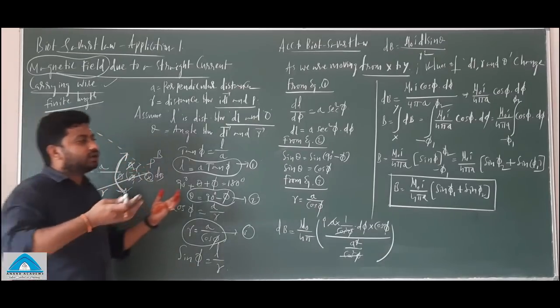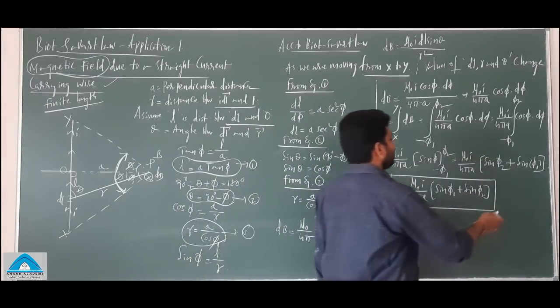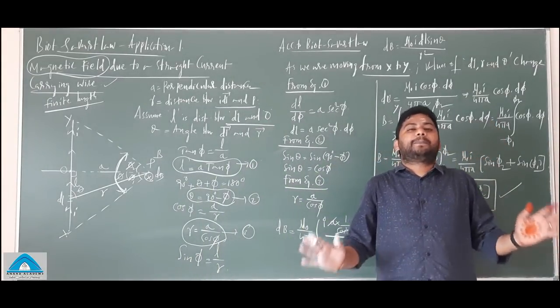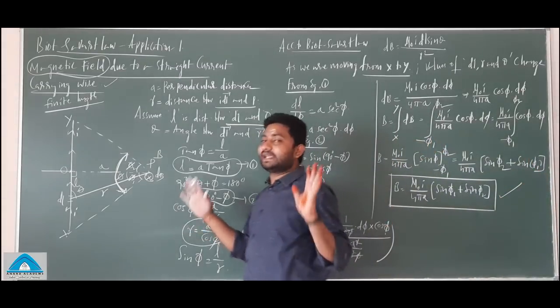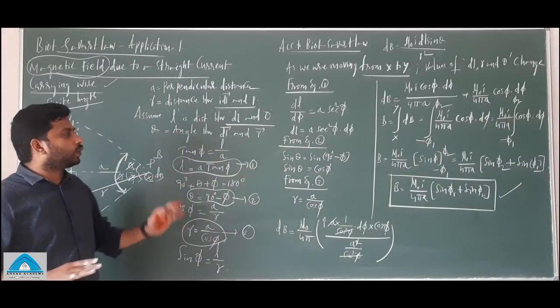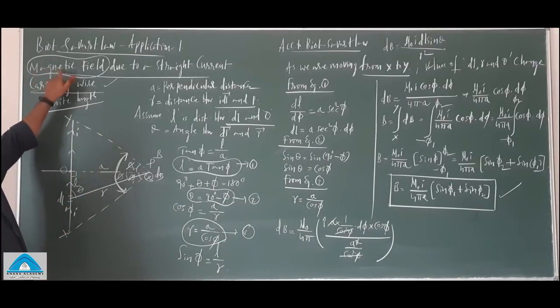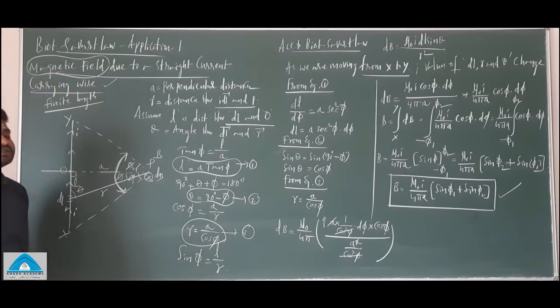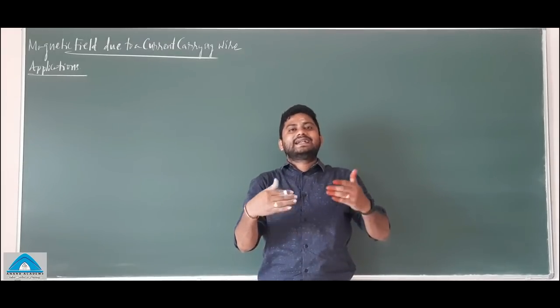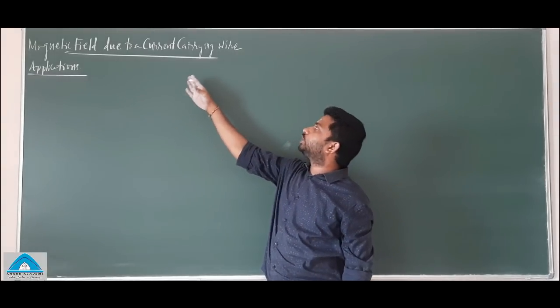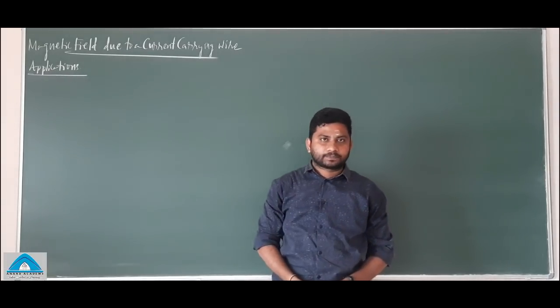And that's called the magnetic field due to the current carrying wire. So many applications are involved, right? One by one we will discuss the applications of the magnetic field due to the straight current carrying wire.